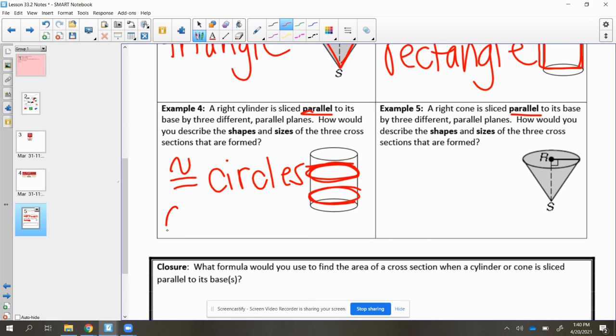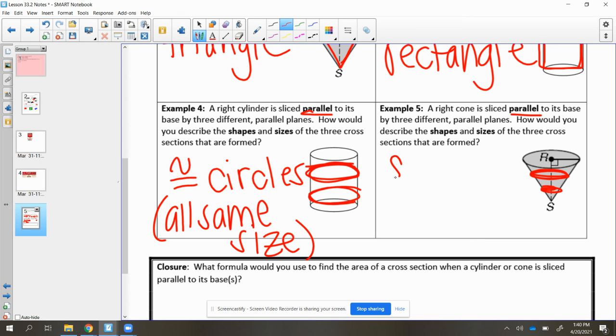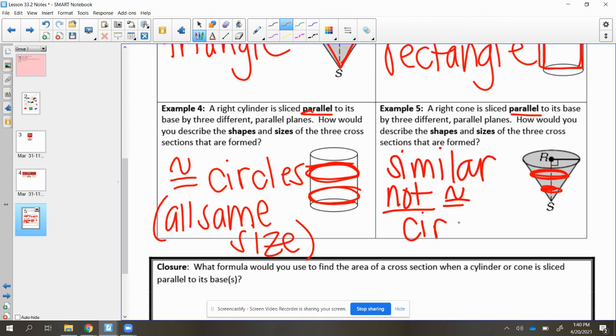So they're all the same size and shape. However, in our cones, our circles are not necessarily the same size when we cut them. So they're still all circles, but we would just call them similar, not congruent circles.